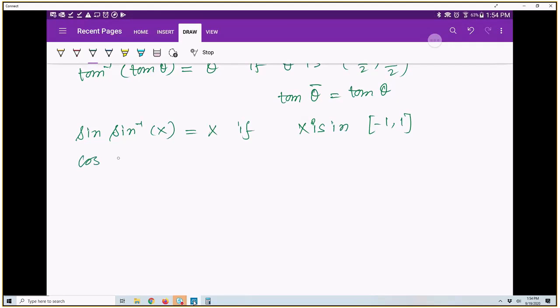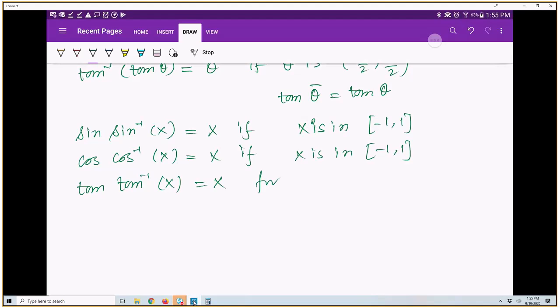Similarly, cosine of cosine inverse of x is equal to x if x is in the domain of the inverse trigonometric function cosine. And tangent, because the domain is all real numbers, I actually do not worry about anything. It is x for all real numbers x.